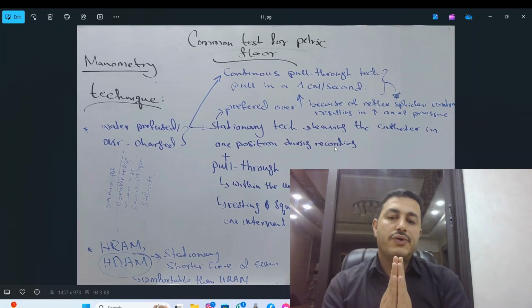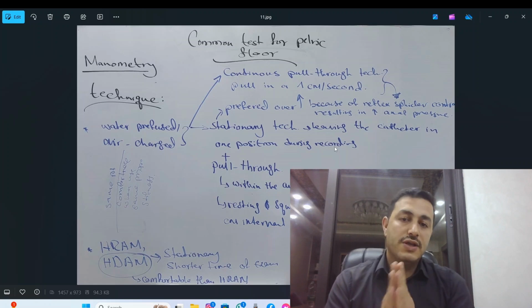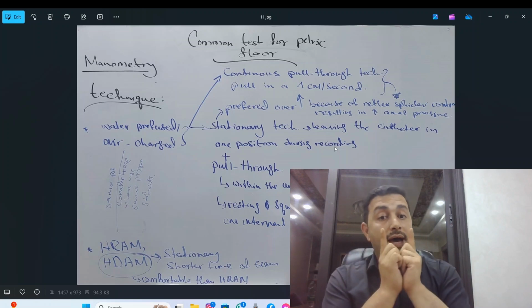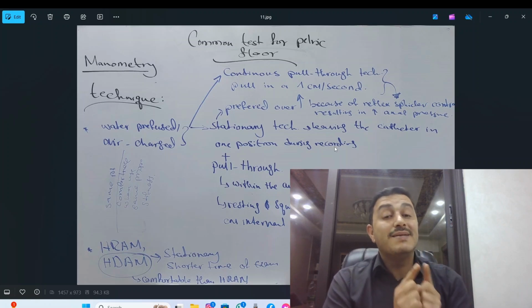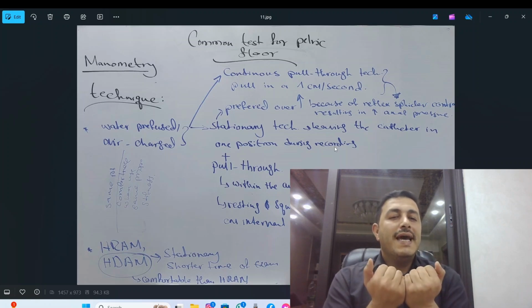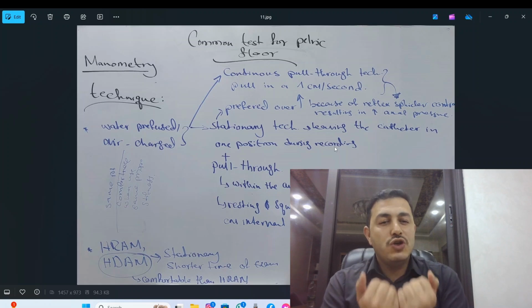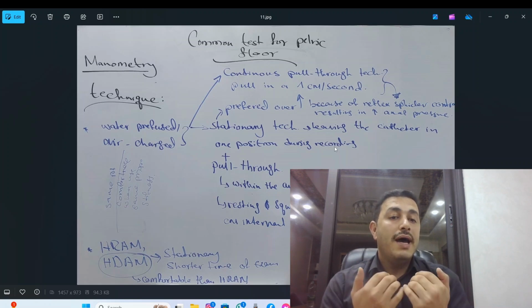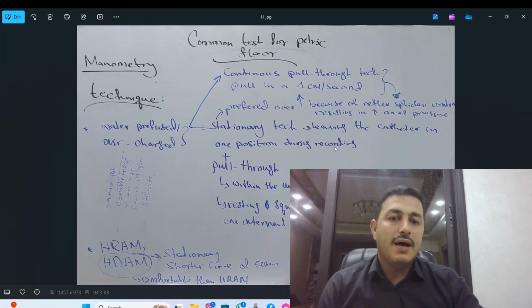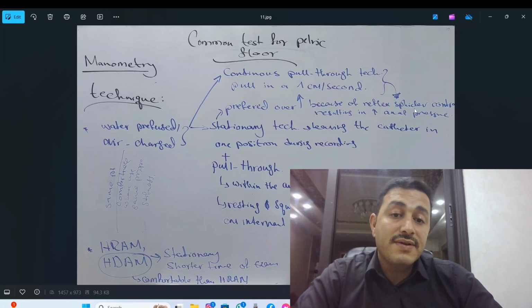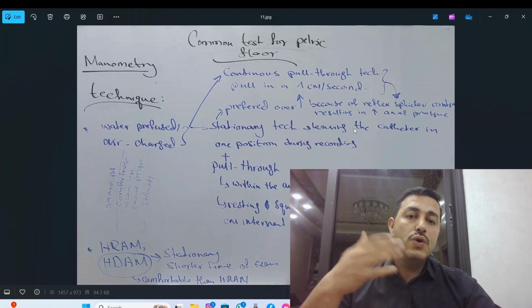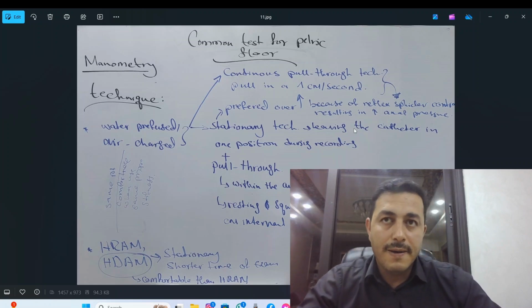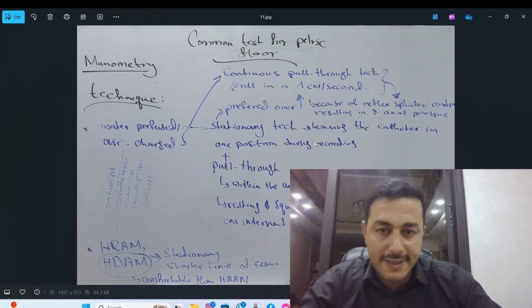We will see regarding the solid state. The stationary pull-through technique is preferable because it is associated with fewer reflexes, you see, reflex sphincter contraction resulting in high pressure. The continuous pull-through is associated with more reflexes and more artifacts.